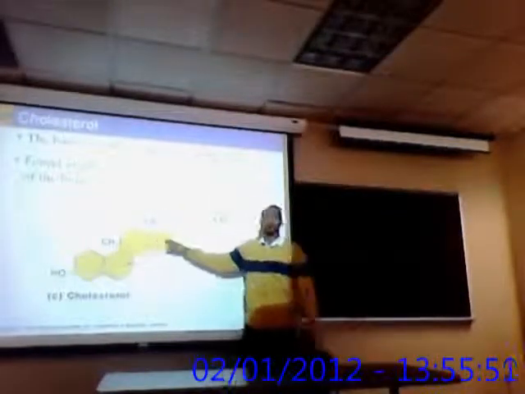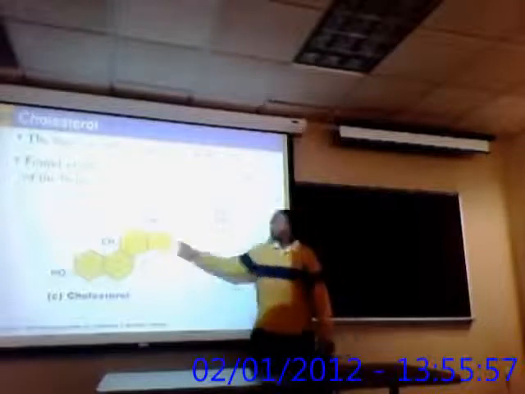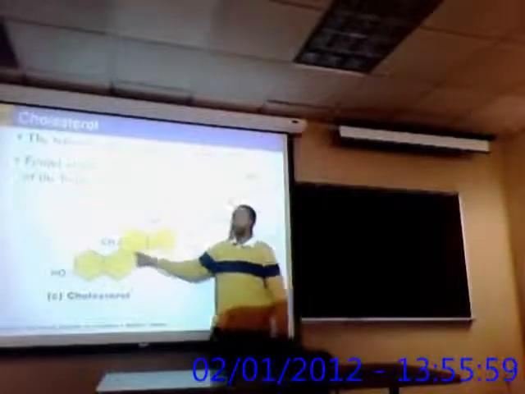If you look at any steroid, you're going to see that it has this basic 4-ring structure. Some of the side chains coming off of it may change a little bit, but this part will be the same. Make sure you understand that steroids are lipids, phospholipids are lipids, and triglycerides are lipids.